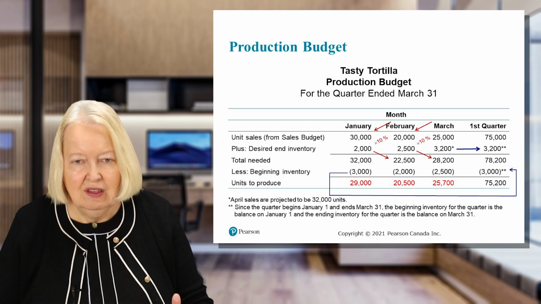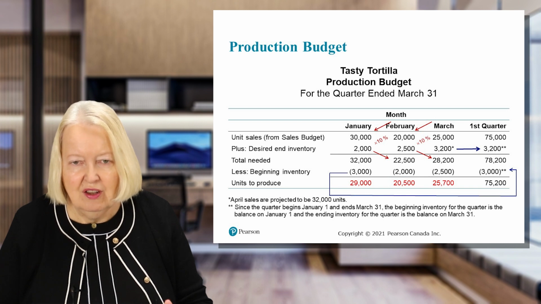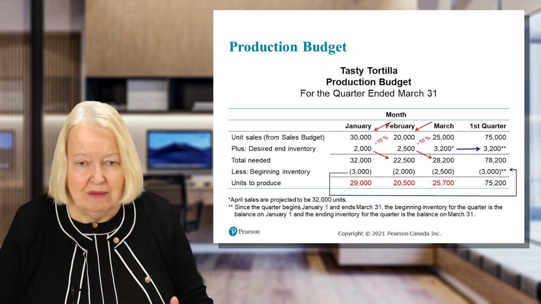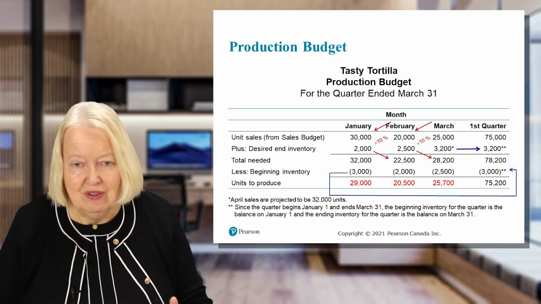So in this particular case, the company has decided it wants to have 10% of this future month's, in this case February sales, in stock. So it doesn't want to run out completely, because you could easily maybe sell more than 30,000 units, so you don't want to run out. So it's just a matter of having a little buffer to have some stock on hand at the end of the year or at the end of the month in case you need it.